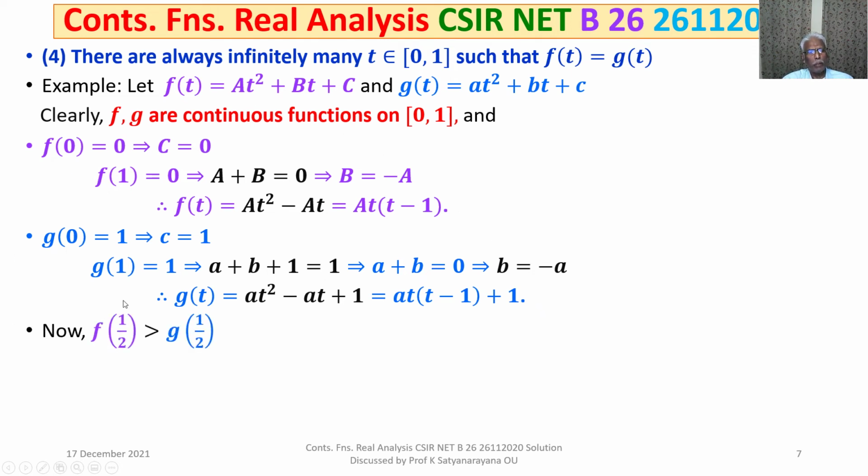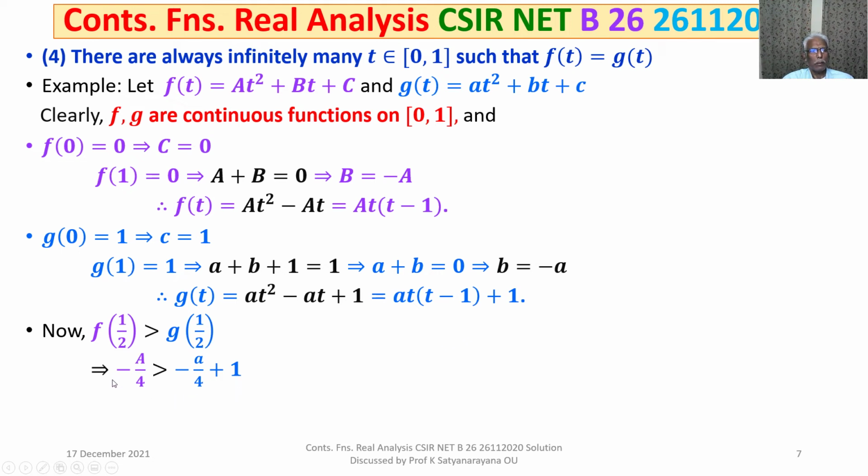Now, f of 1 by 2 greater than g of 1 by 2. So, that will give you, with t equal to 1 by 2, you put a into 1 by 2 into 1 by 2 minus 1, that is minus 1 by 2, minus 1 by 2 times 1 by 2, minus 1 by 4 times capital A, which is greater than, similarly, minus small a by 4 plus 1.